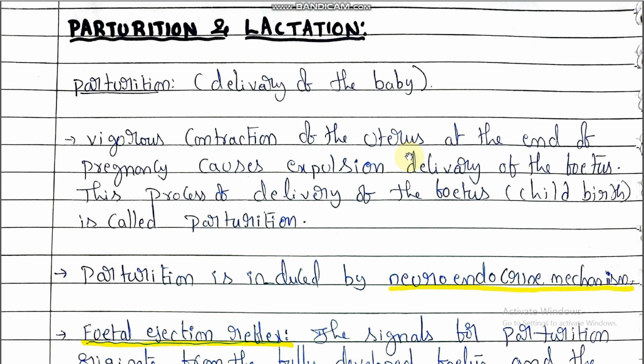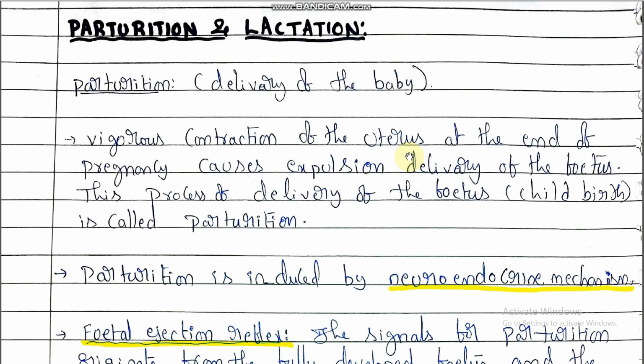We already discussed the structure of the uterus in earlier classes. The uterus consists of perimetrium, myometrium and endometrium walls. The myometrium, the middle layer of the uterus, exhibits strong contractions at the time of parturition for delivery of the baby.